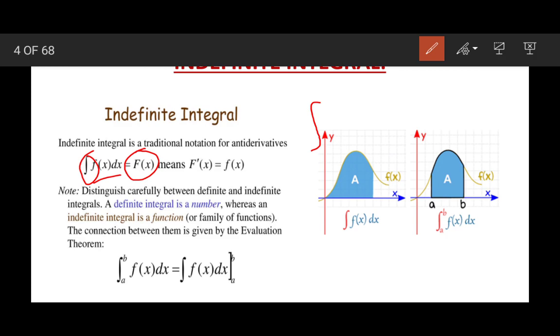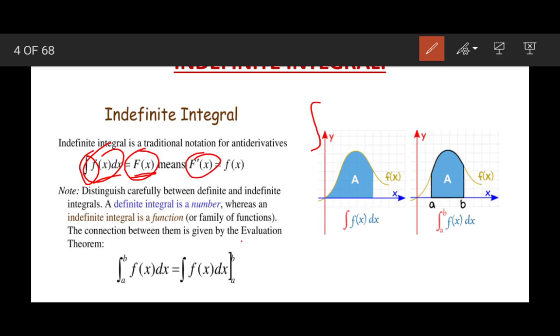That means the derivative F dash x is equal to f of x. Distinguish carefully between definite and indefinite integrals. A definite integral is a number, whereas an indefinite integral is a function or family of functions. The connection between them is given by the evaluation theorem.